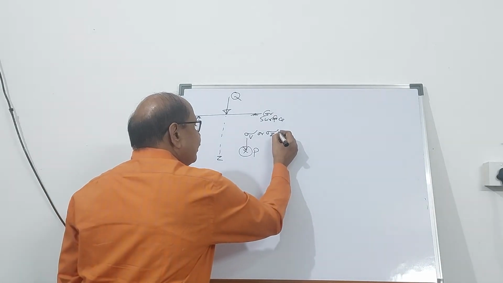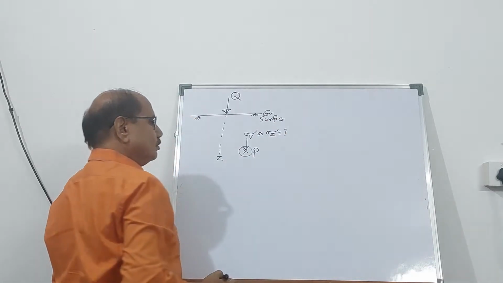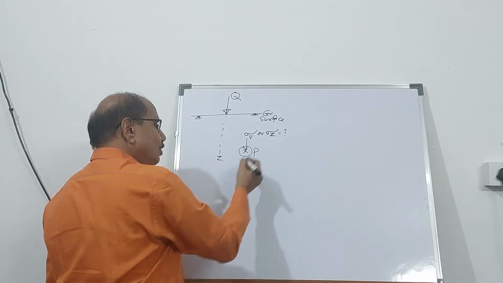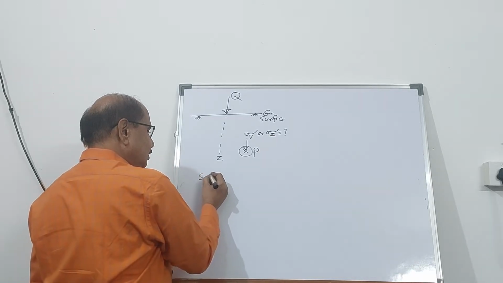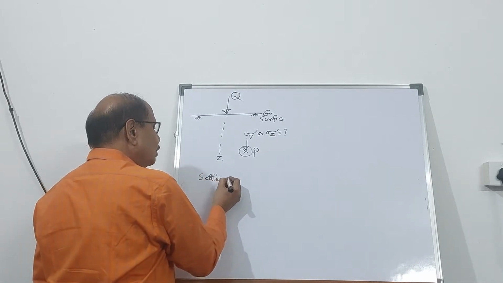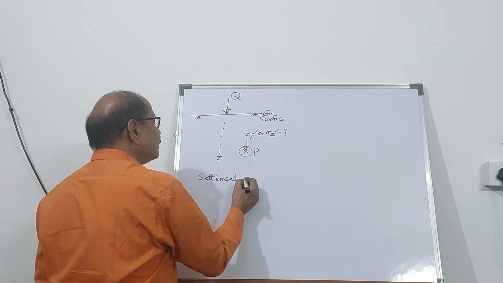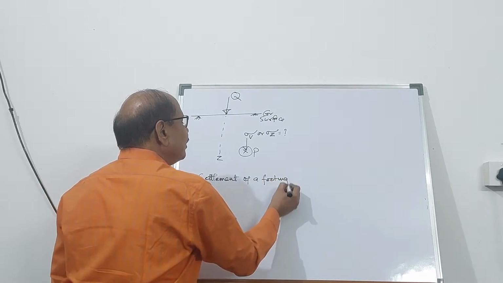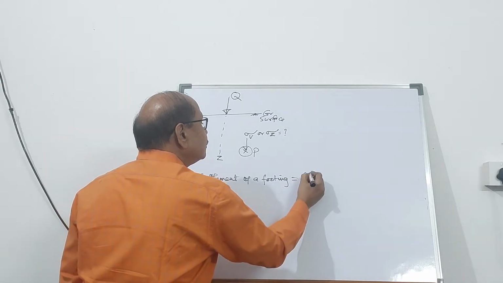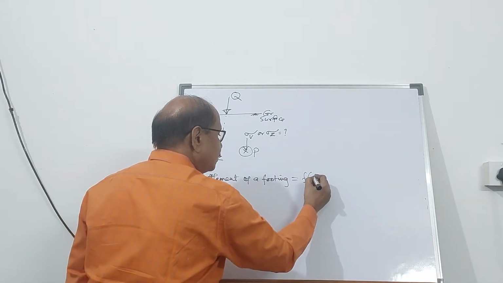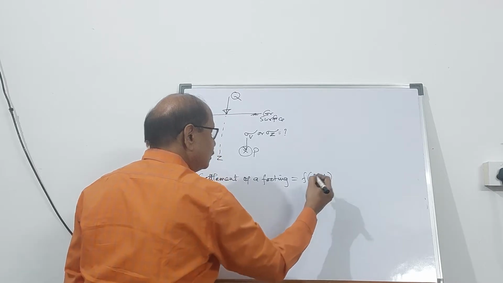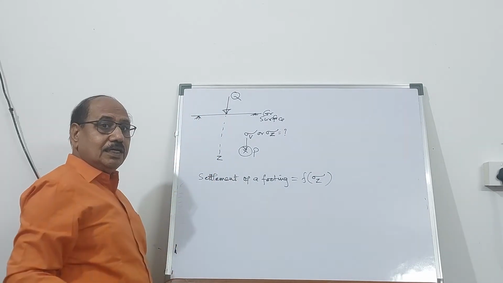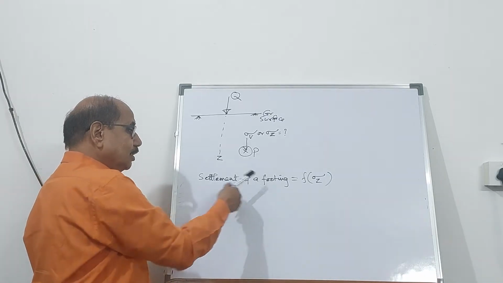This is going to be very, very important, because any settlement of a structure or a footing is a function of this vertical stress due to the load coming on to the footing.